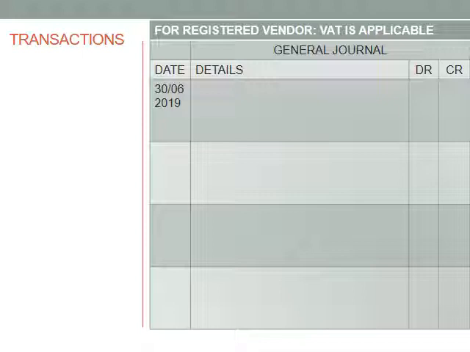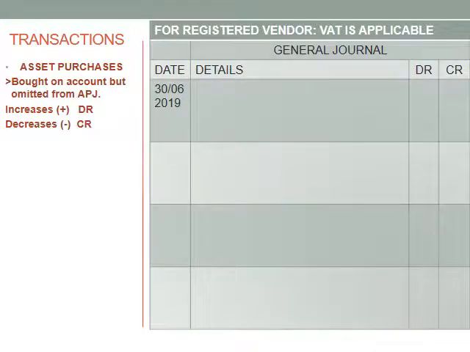The first column is the date column, followed by the details column, then the debit column, and the credit column. The same rules of double entry and contra accounts will apply as we have used them in the preparation of the general ledger.